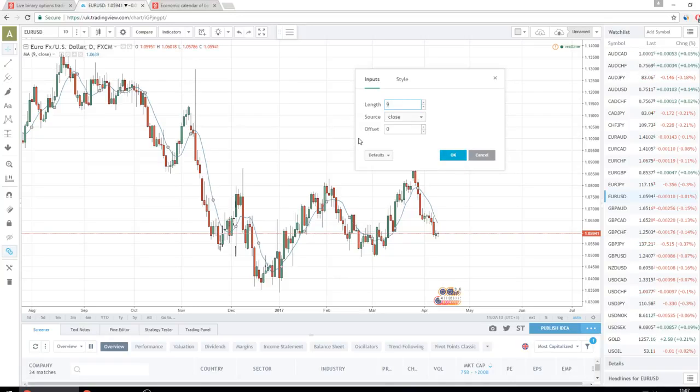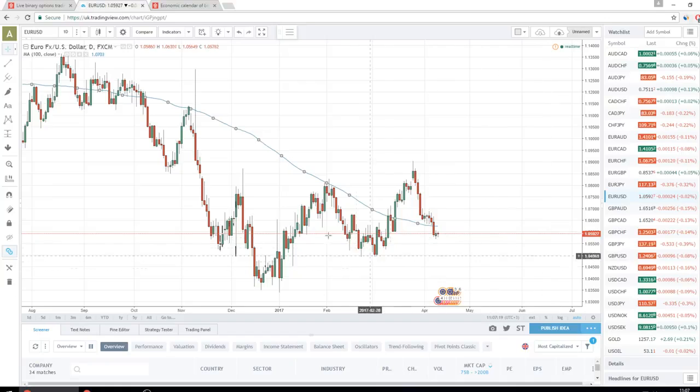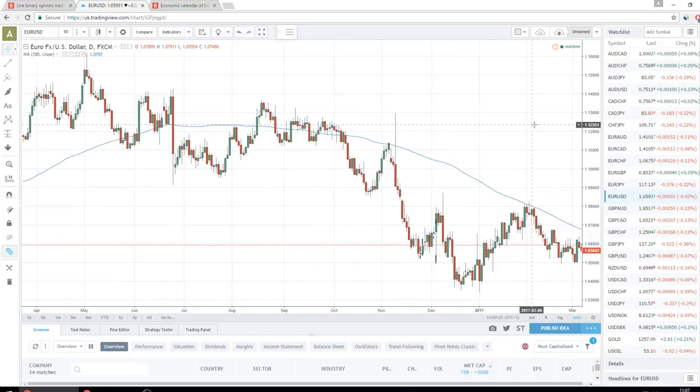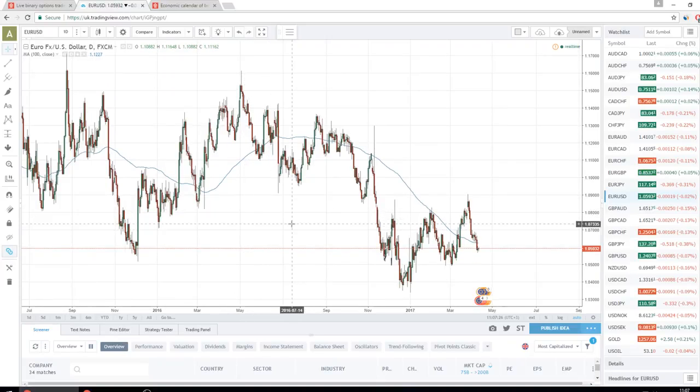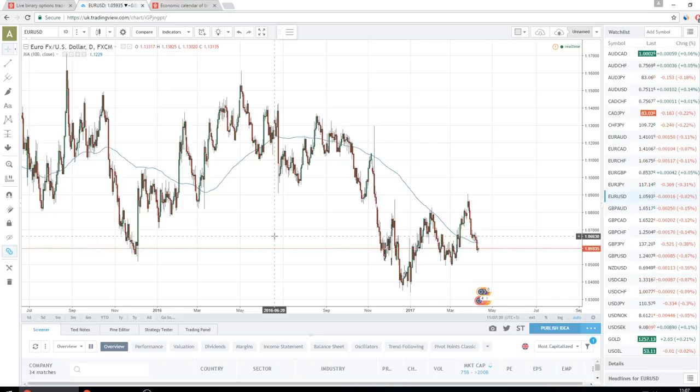If you put a bigger number here, you will see that your moving average will be much smoother.